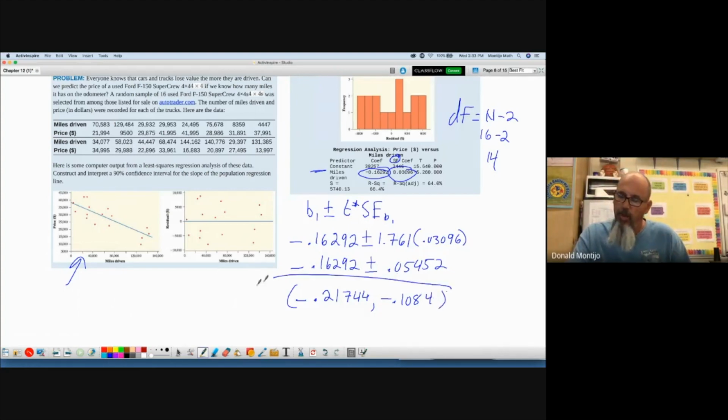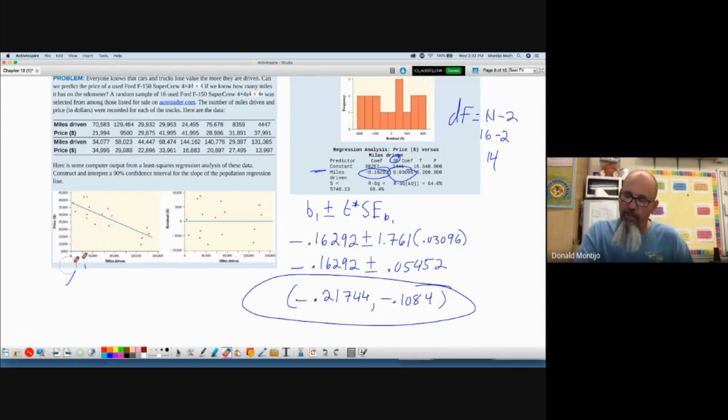All right, so I am 90% confident that the true slope of this regression line is somewhere between negative 0.21744 and negative 0.1084. But I haven't put that in context of the problem yet.